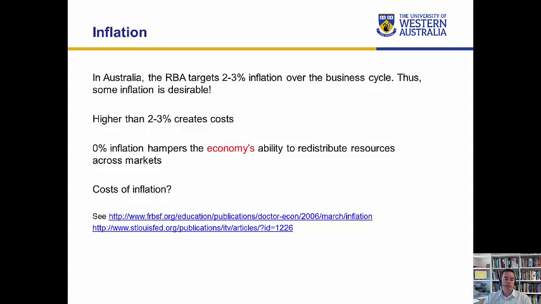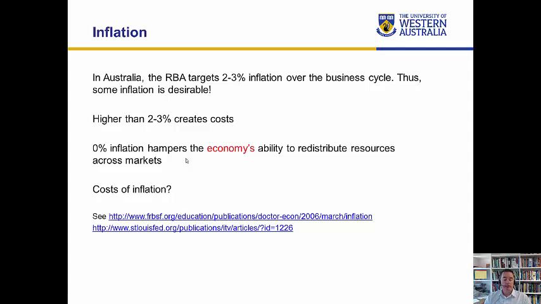But just before we go on to the next slide, one important point to make. The question that I've left unanswered is, why is zero inflation undesirable? One reason that I've already given is that zero inflation is a little bit too close to deflation, that is falling prices, and very soon we'll learn why that is a disaster.